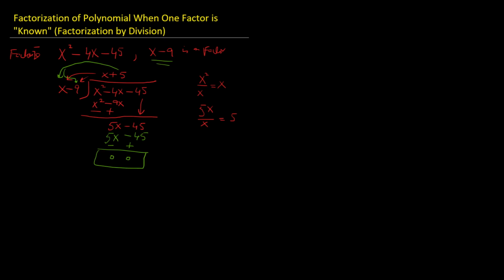So now it means that we have got our procedure correct. We got the second factor, x plus 5. So x square minus 4x minus 45 is equal to the product of x minus 9, which was given, and x plus 5, which we have just found out.